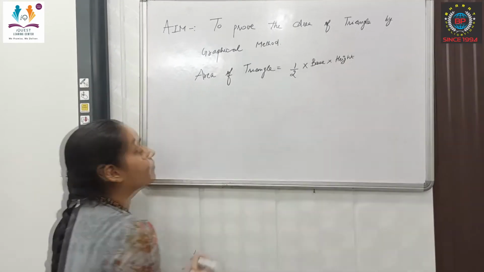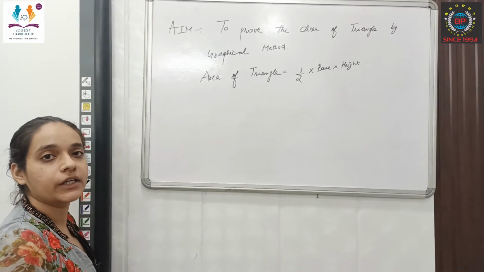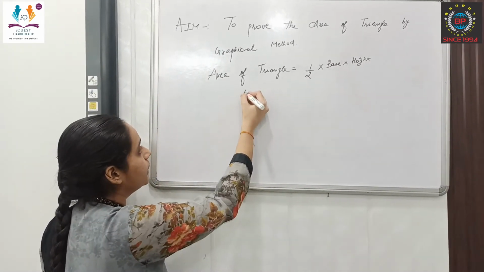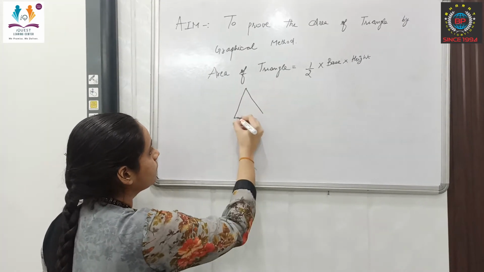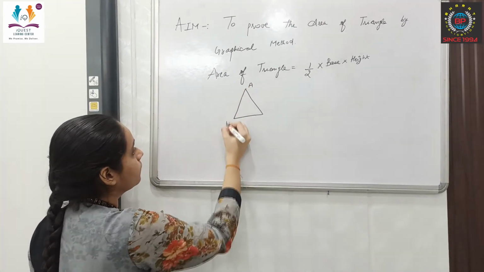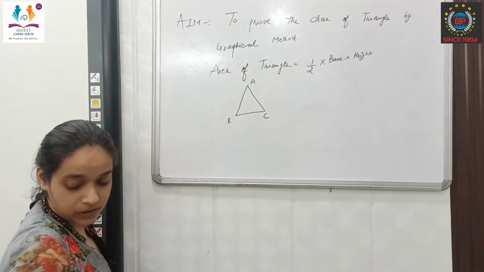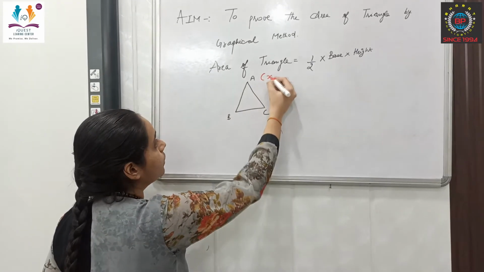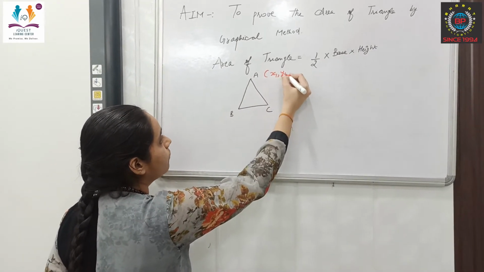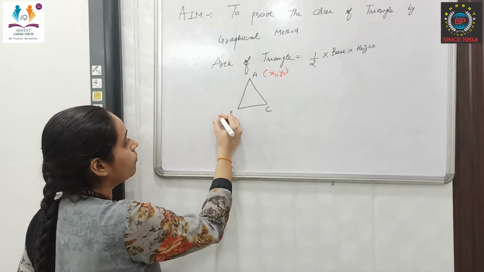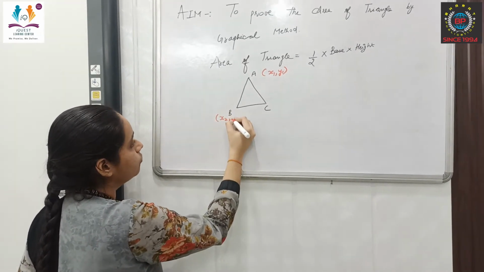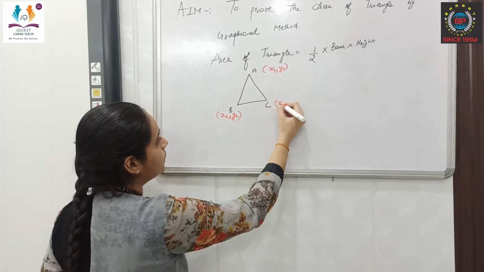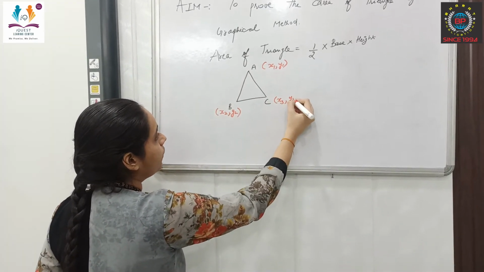But if we are provided with the coordinates of point, then let us make a triangle ABC, where let us suppose the coordinates of point A is equal to x1, y1. Coordinates of point B is equal to x2, y2. Coordinates of point C is equal to x3, y3.